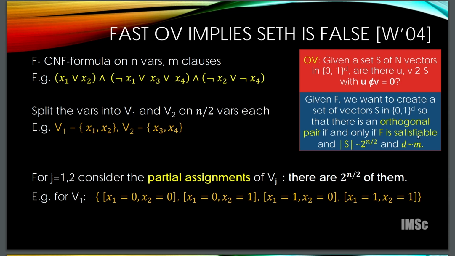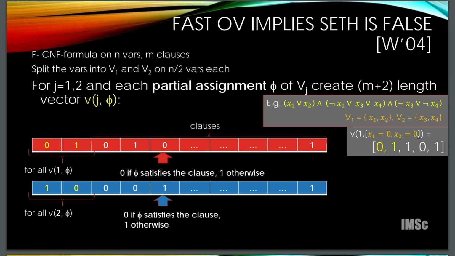There are 4 assignments for V1 and similarly 4 assignments for V2. They correspond to 4 vectors this side and 4 vectors that side. These vectors are of m dimension, and I have to tell you exactly what they are. For some reason they have added a 0 1 1 0 here, ignore that. It is m dimensional, so there is a dimension for each clause.